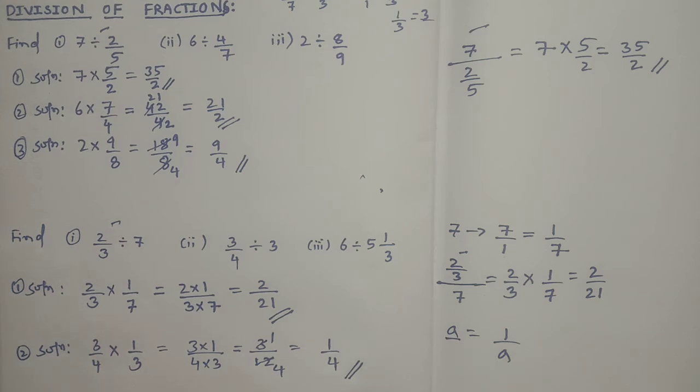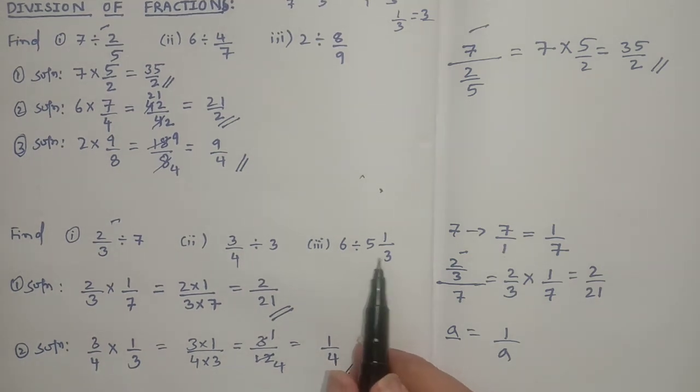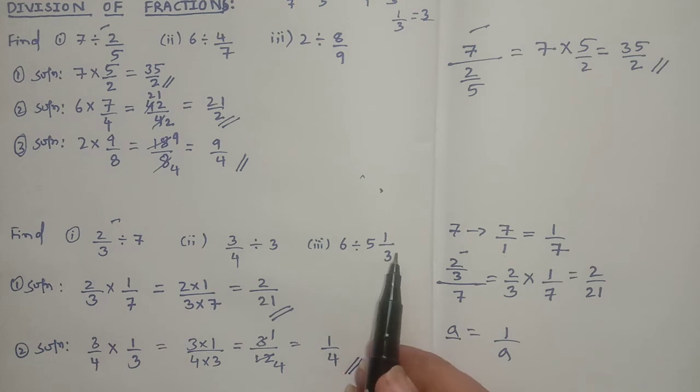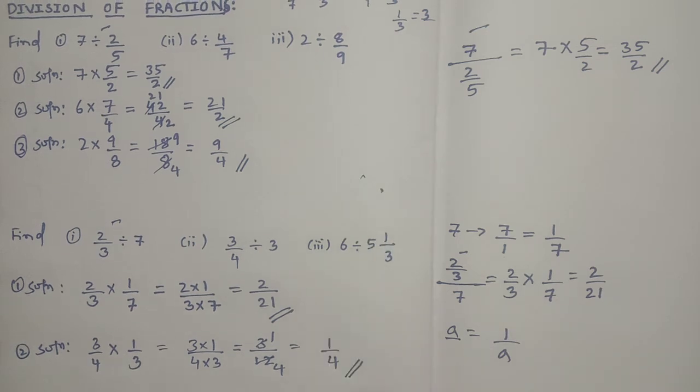Now, student, third question solution. 6 divided by 5 by 5 of 1 by 3. This is an improper fraction. First we have to convert this into a proper fraction, student. I am writing 6 divided by.